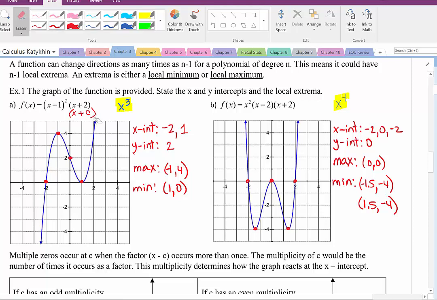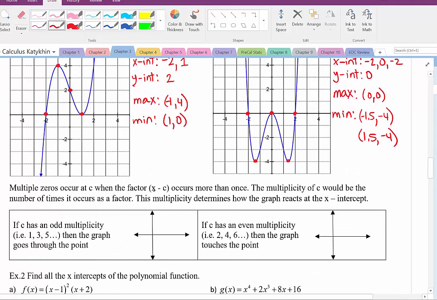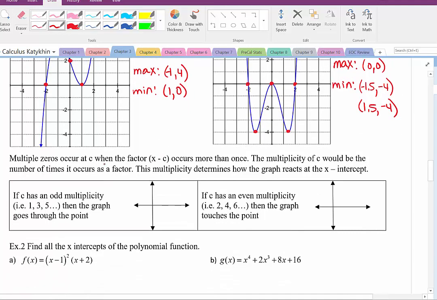If I was to solve that for 0, I'll get x is equal to -c, which will be my root. So c is my root, and x minus c is going to be one of my factors. So c is when the factor x minus c occurs more than once. The multiplicity of c would be the number of times it occurs as a factor. This multiplicity determines how the graph reacts at the x-intercept.